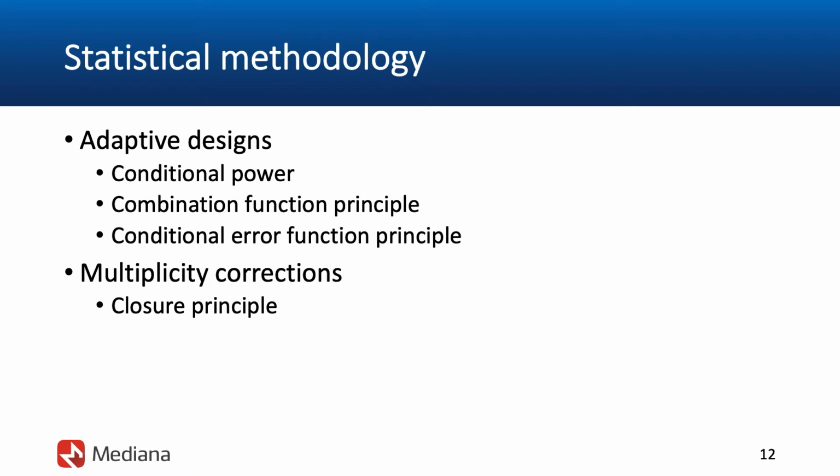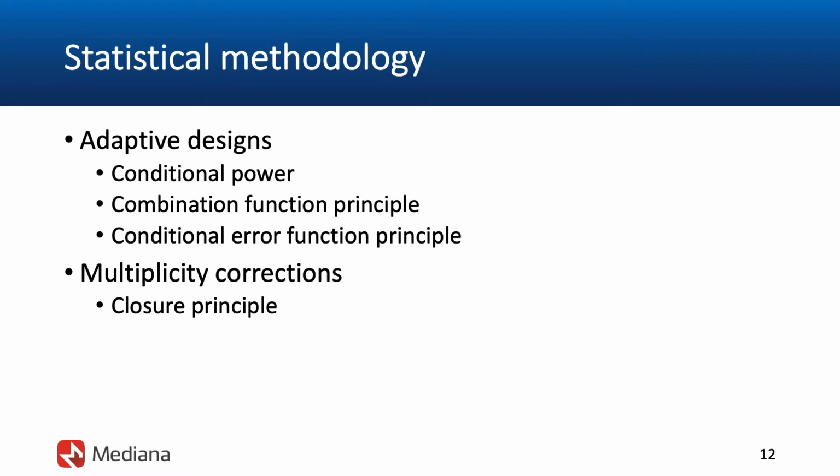And there are 2 different types of statistical methods I'm going to introduce in this section. The first 3 pertain to the process of designing adaptive trials. That includes conditional power, combination function principle, and a closely related, actually mathematical equivalent to it, conditional error function principle.